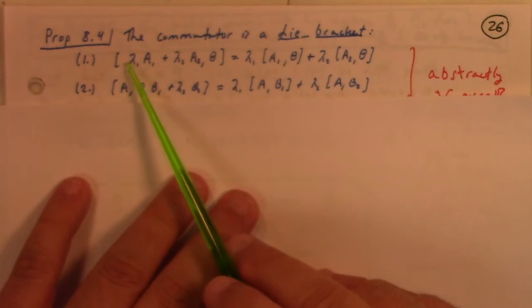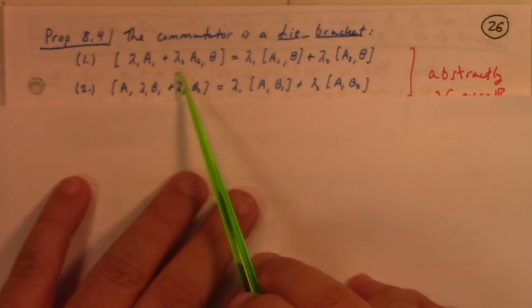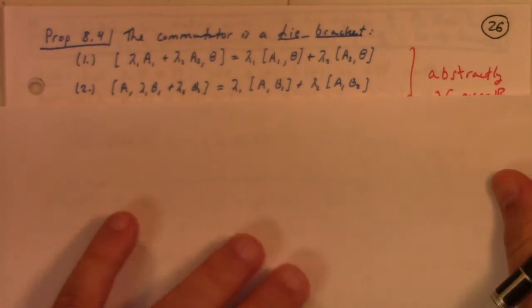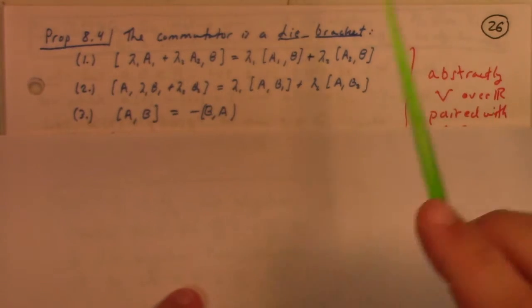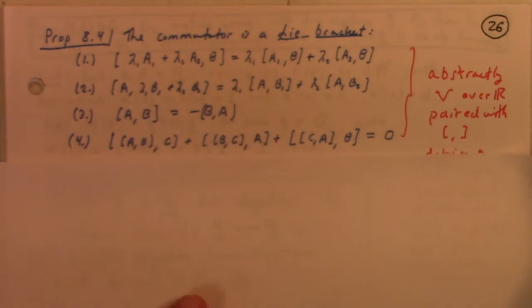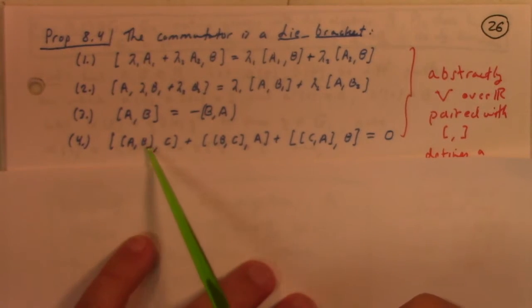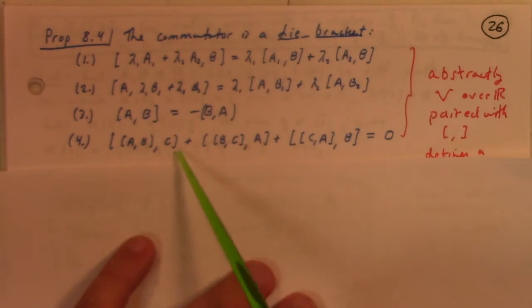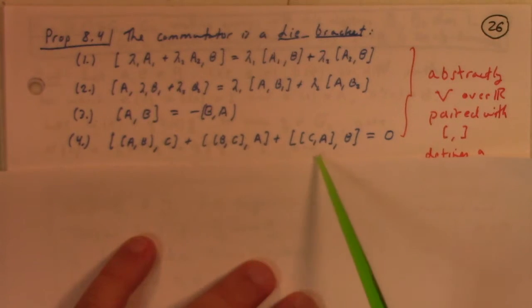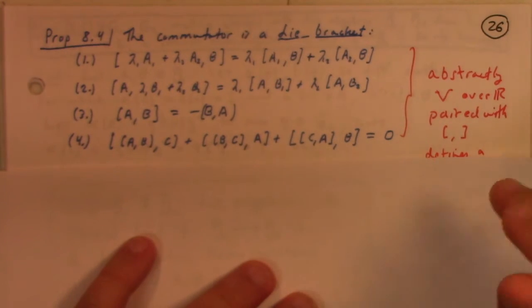Let's see here. So it's bilinear, that's 1 and 2, and it's skew-symmetric like this, and it satisfies this Jacobi identity. The Jacobi identity basically measures a departure from associativity. All right.